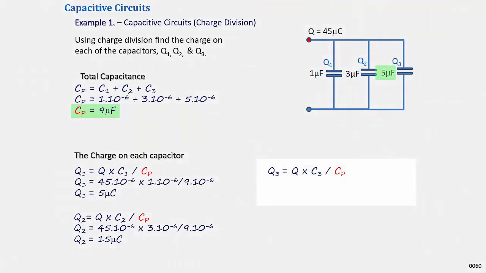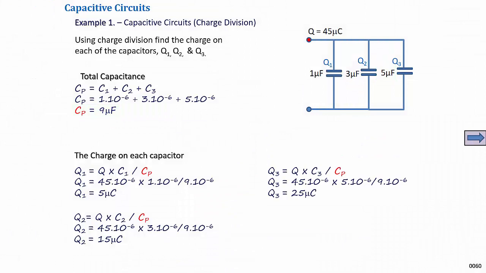Finally, Q3 equals Q times C3 divided by Cp. Substituting the values, Q3 equals 45 times 10 to the power minus 6 times 5 times 10 to the power minus 6 divided by 9 times 10 to the power minus 6, which equals 25 microcoulomb.